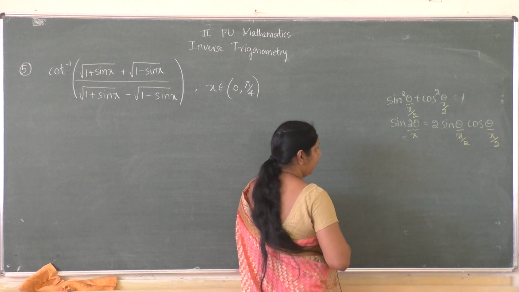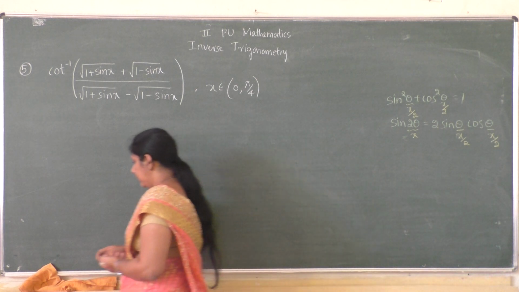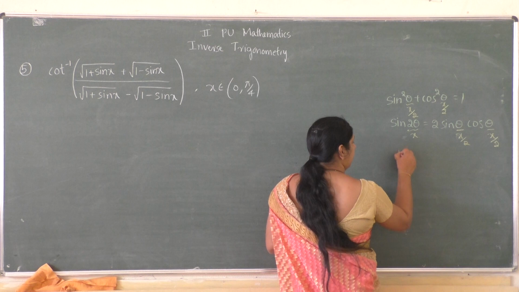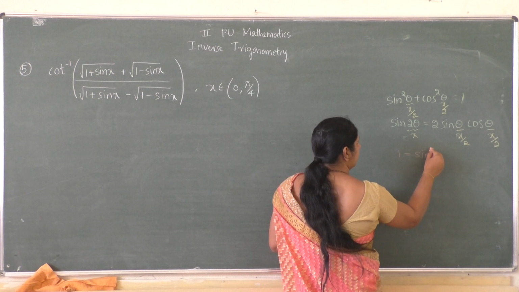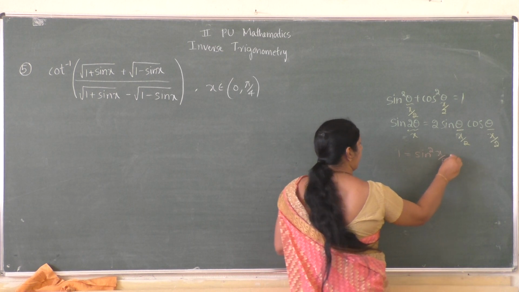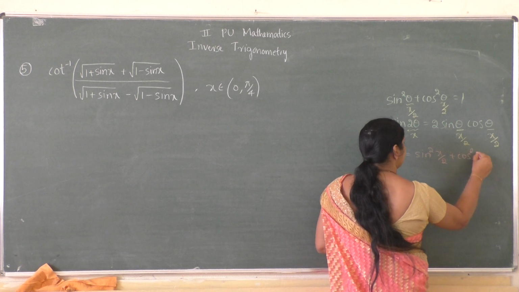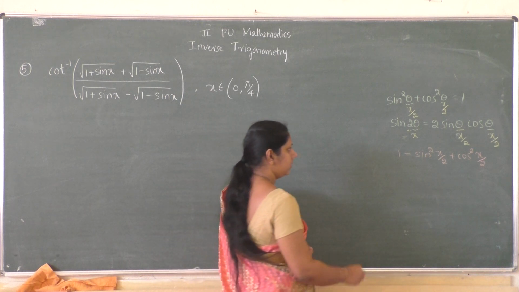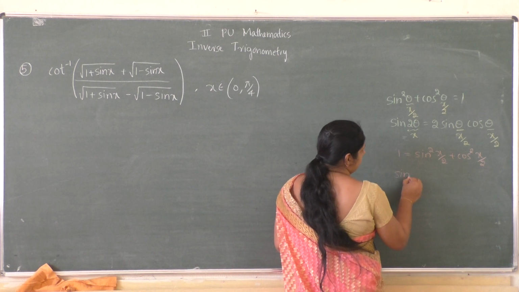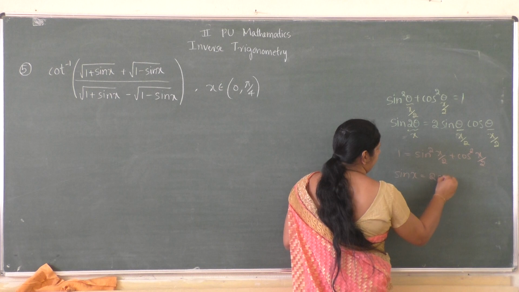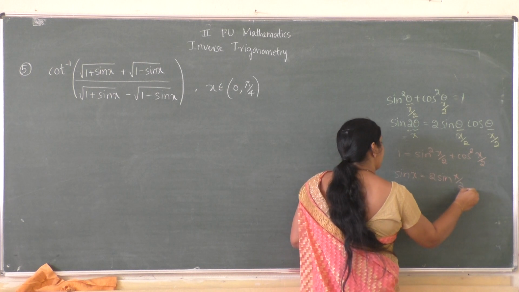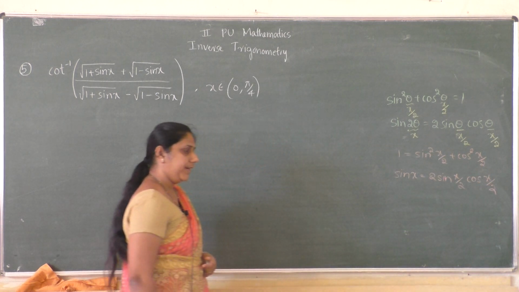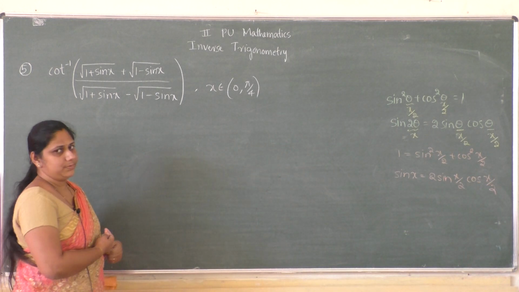So we get two formulas: one is 1 equal to sin square x by 2 plus cos square x by 2, and the second formula is sin x equal to 2 sin x by 2 cos x by 2.